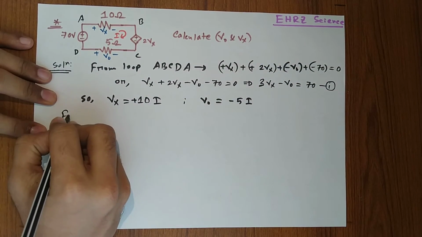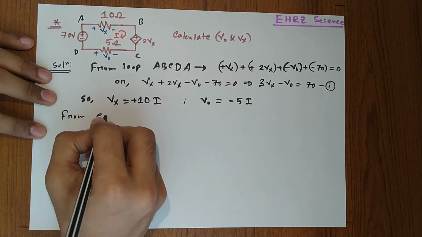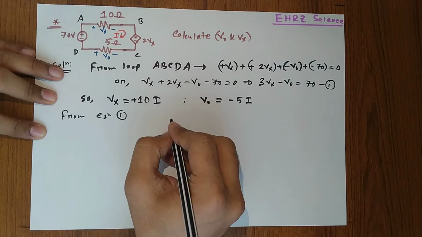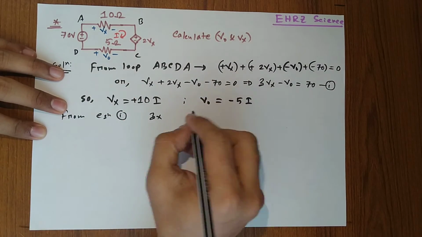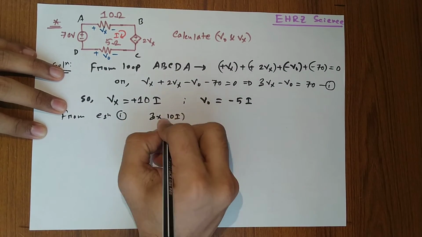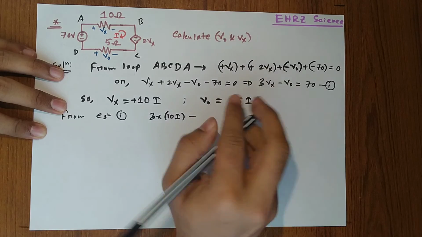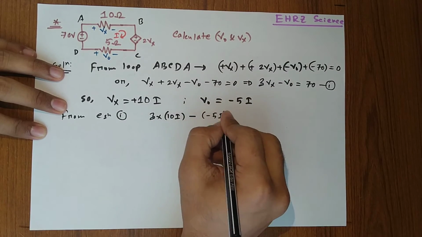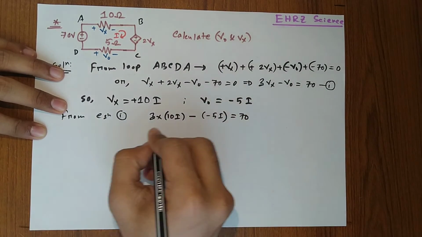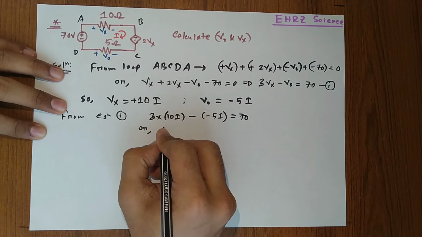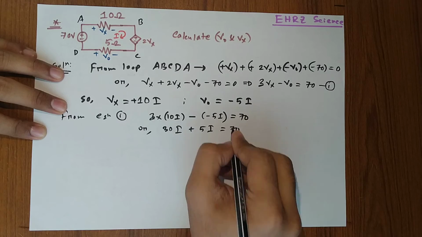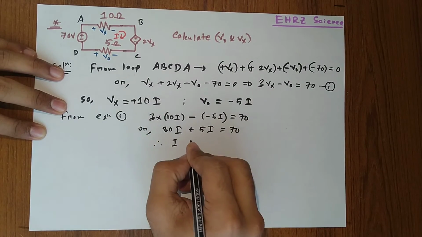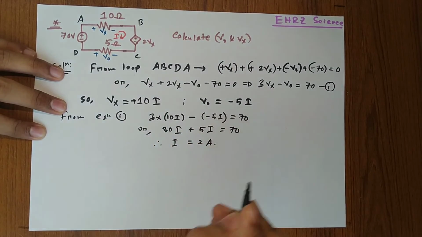So from equation 1, 3 times Vx, which is 10I, minus V0, which is minus 5I, is equal to 70, or 30I plus 5I is equal to 70, which will give us I is equal to 2 ampere.